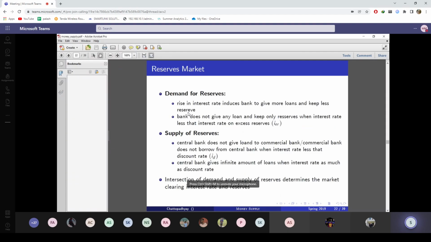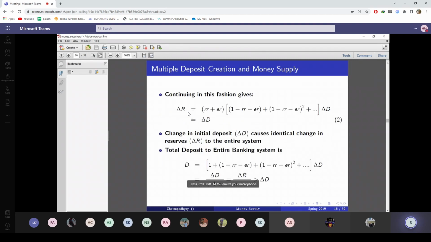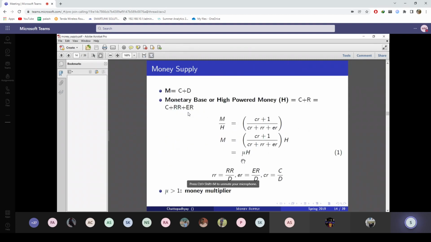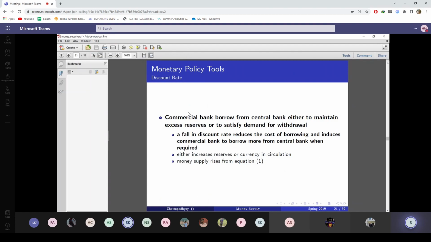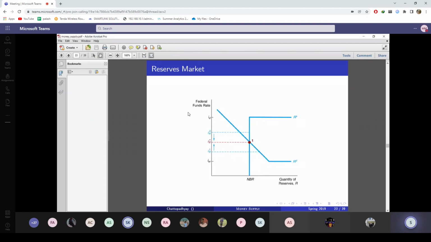If I go here, in my formula, the required reserves is the denominator of mu. When my required reserves rise, my money multiplier goes down, mu falls and the money supply falls. High powered money is not going to change. I said yesterday also that high powered money will not change, because the composition of the balance sheet of the central bank does not change at all.